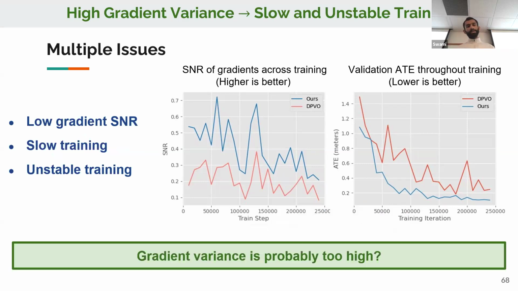This suggests that the gradient variance for these problems across training is probably too high. So in this work, we try to figure out where this gradient variance comes from, and propose some solutions to mitigate it.